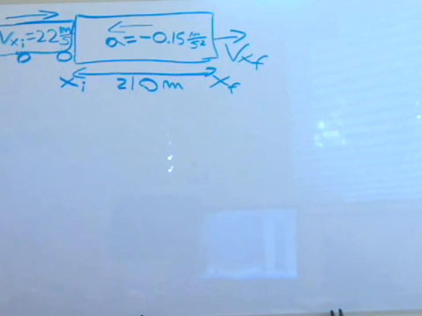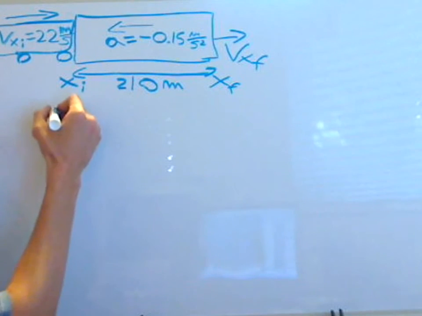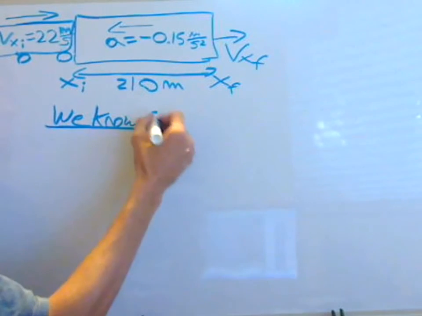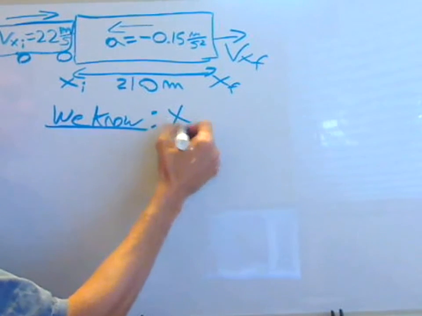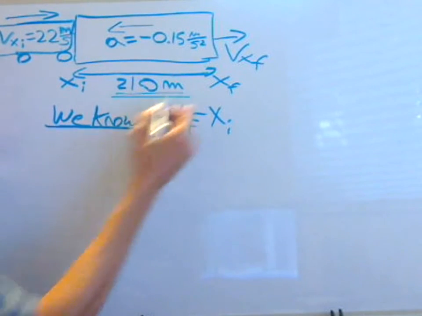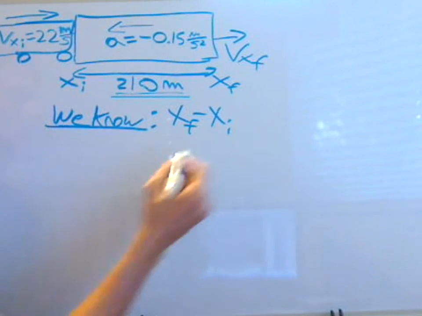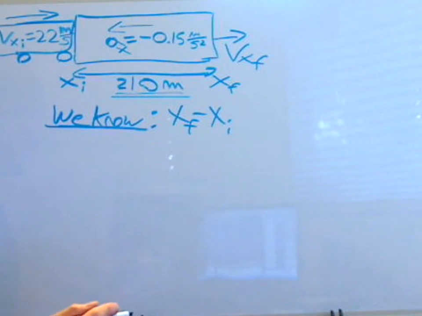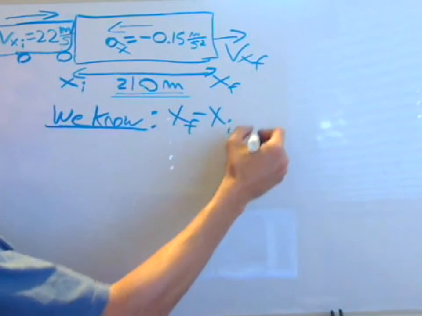So let's go ahead and write down the things that we know. We know the displacement. It's 210 meters. Okay. We know the acceleration.